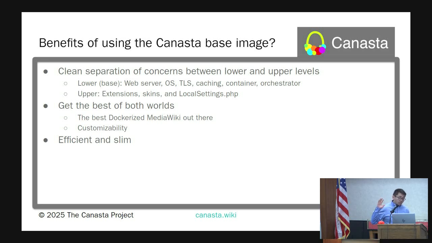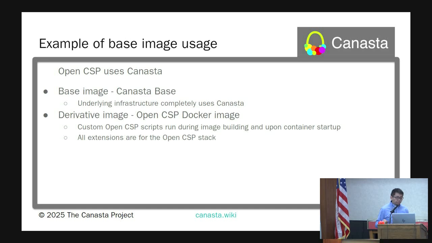The base image is much more efficient and slim compared to the main image if you're trying to customize things and you don't want the additional extensions. I would say for most people, if you don't have a specific go-to, don't use the base image alone. You should still be using the main image. But for developers, you really want to try using this if possible.